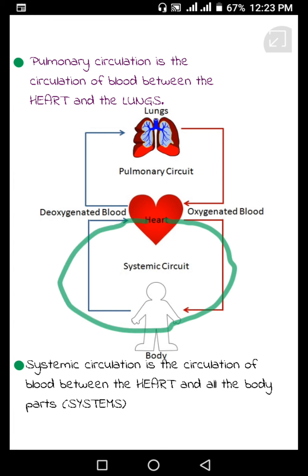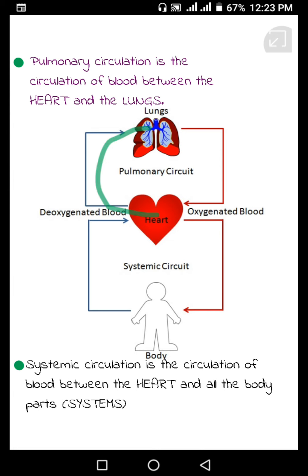So basically, this circuit that I've drawn here, this circle, is what is referred to as systemic circulation. So in systemic circulation, blood flows between the heart and all the body parts, whilst in pulmonary circulation, blood flows between the heart and the lungs, just like that.